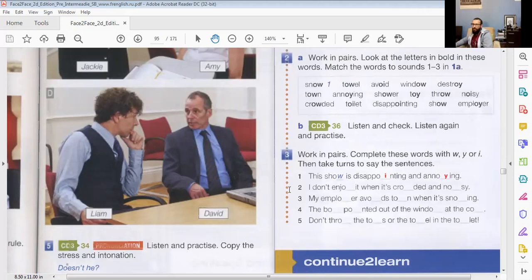Okay, number 2. Can you read it? I don't enjoy it when it's crowded and noisy. And the missing letters? Y, W, and I. Okay, what about number 3?